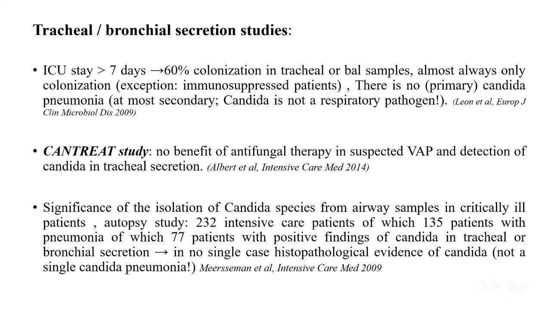So, what is the significance of isolation of candida species from airway samples in critically ill patients? One autopsy study included 232 intensive care patients, of whom 135 had pneumonia, and 77 patients showed candida in the tracheal and bronchial secretion, but not a single case had histopathological evidence of candida pneumonia.